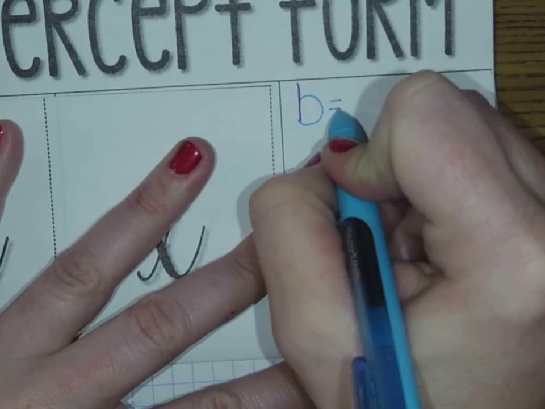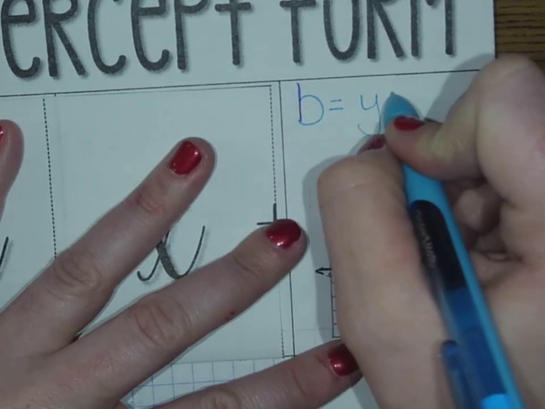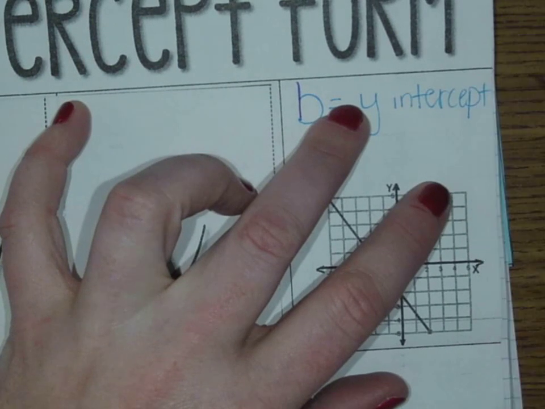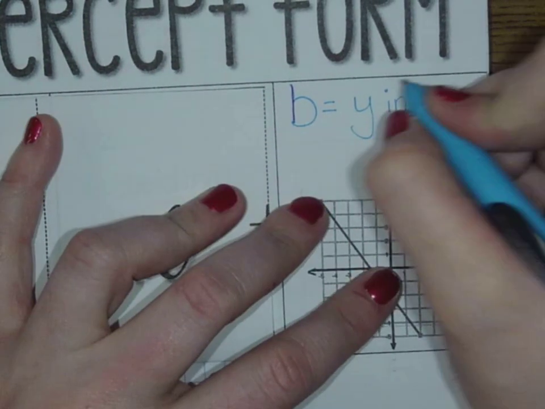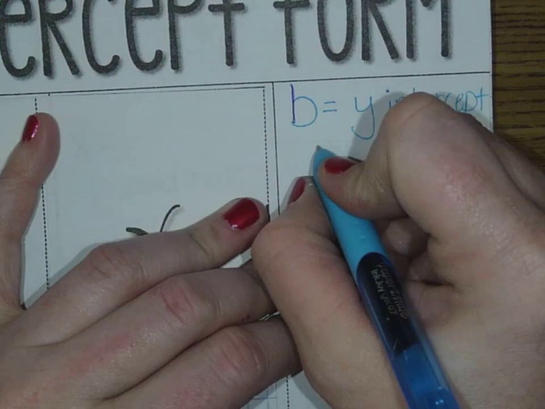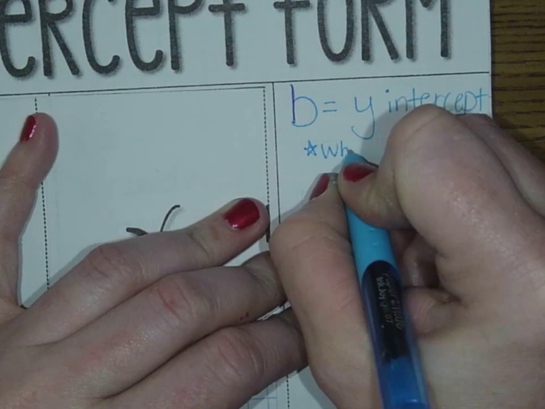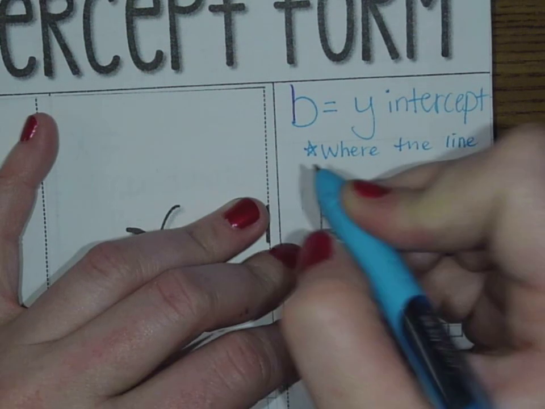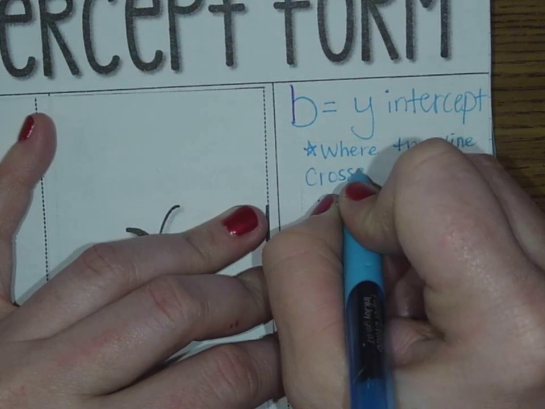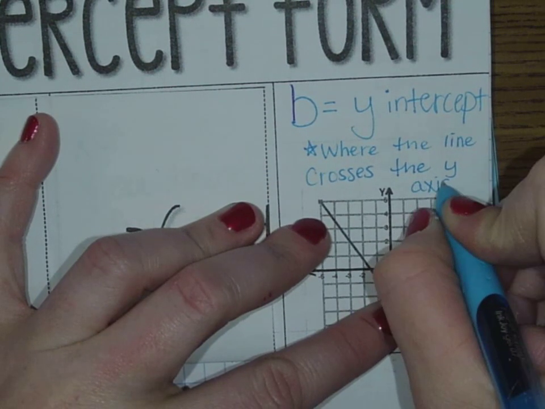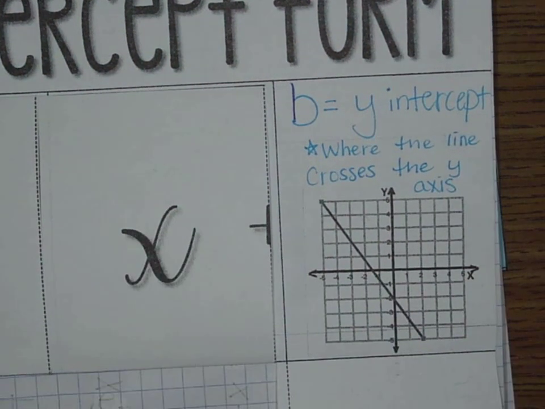The b is the y-intercept, where the line crosses the y-axis. So it's where it crosses the y-axis.